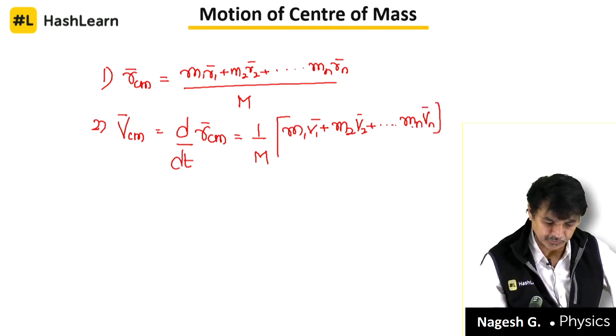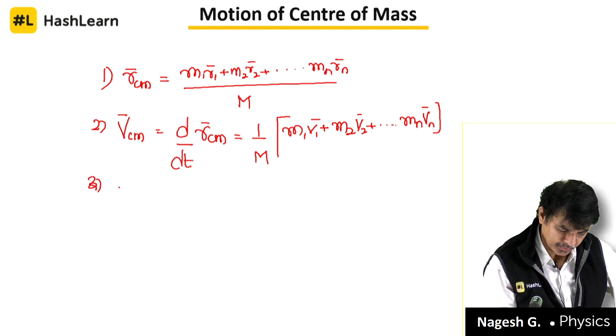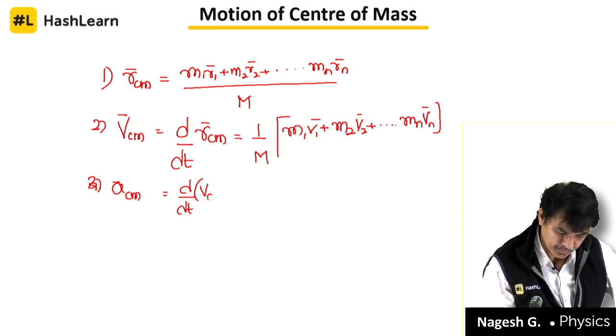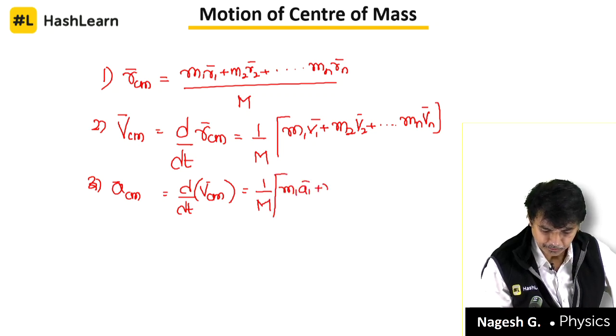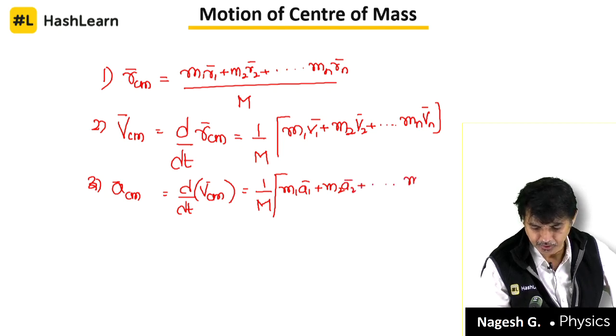This is the velocity of the center of mass. Then the acceleration of the center of mass, a_CM bar, is d by dt of v_CM bar, which equals 1 by m into (m1 a1 bar + m2 a2 bar, and so on, mn an bar).